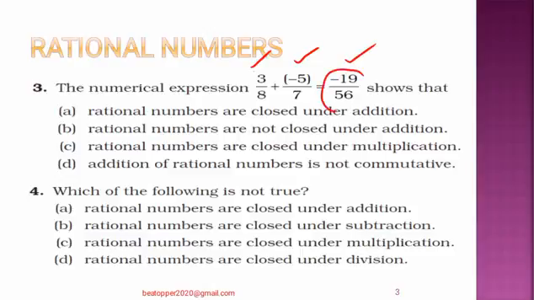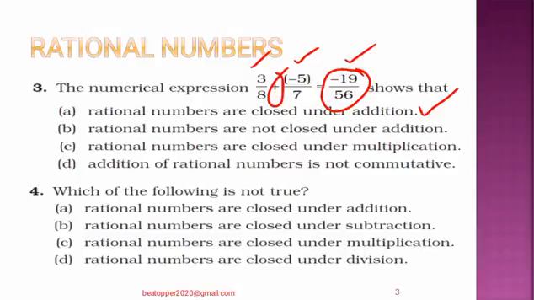This is also a rational number. Closure property can be applied for addition, subtraction and multiplication but not division, because division by 0 is undefined. Here the operation is addition. So, rational numbers are closed under addition.